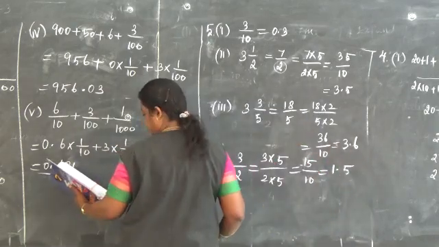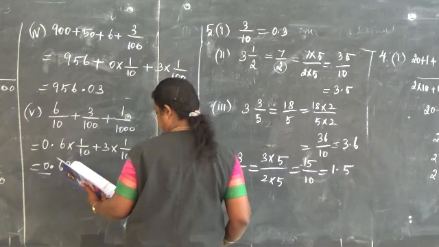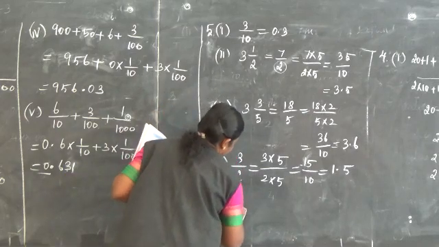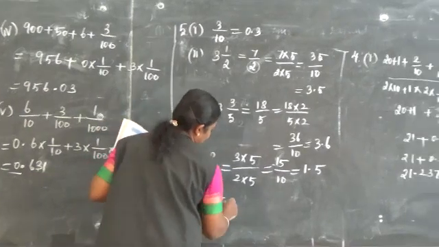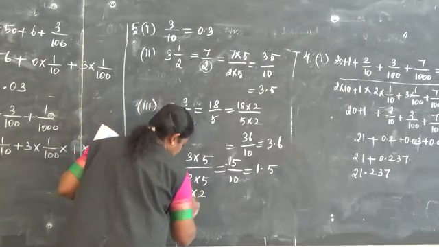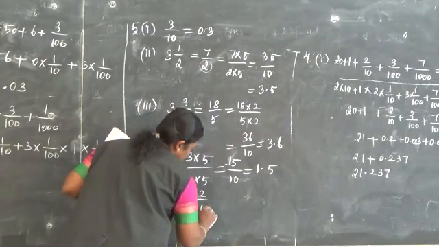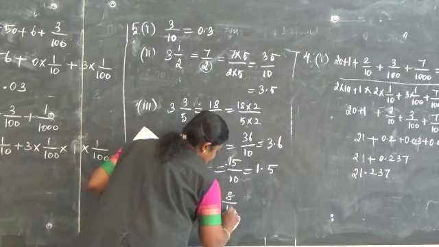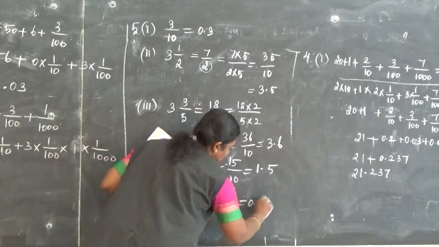What is the fifth problem given to us? 4 by 5. Now the denominator is 5. So multiply by 2. You will get 10. So 8 by 10, that is equal to 0.8.